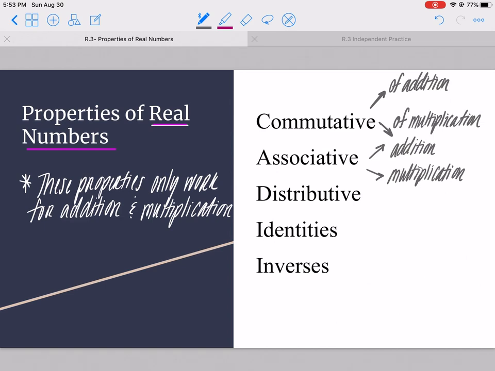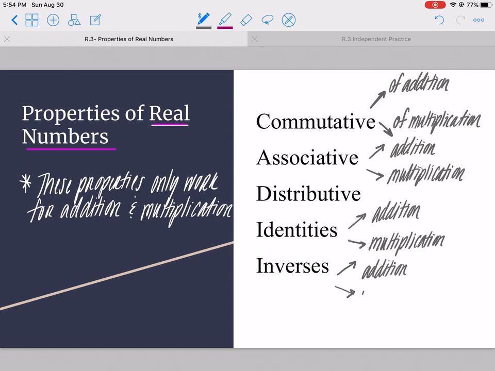Distributive property, that's just its own thing. Okay, just one of those. And then identities, there's the identity property of addition again, or multiplication. And then same thing with inverses. There are two of those properties, addition or multiplication.